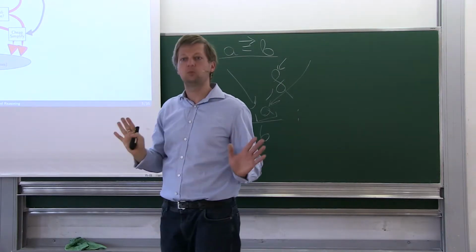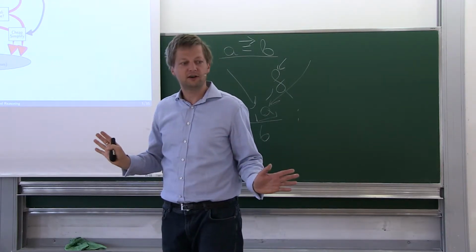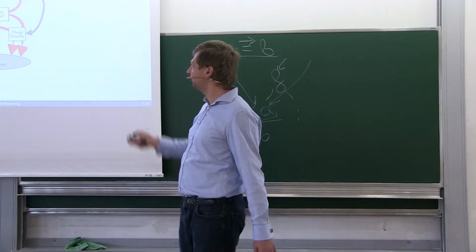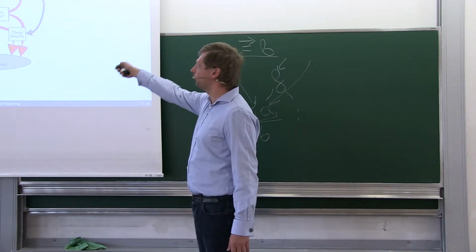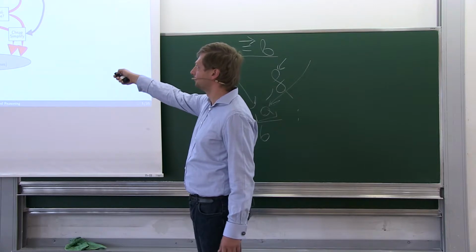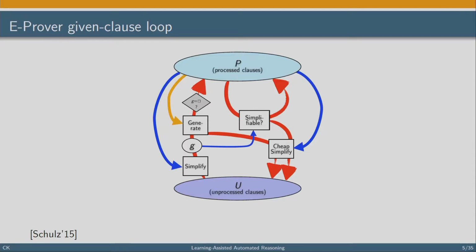These are the ones that we've already dealt with. The invariant that we're trying to preserve is the fact that all the processed clauses are processed with each other. So there are no new inferences that can be performed by combining two clauses from the P set.